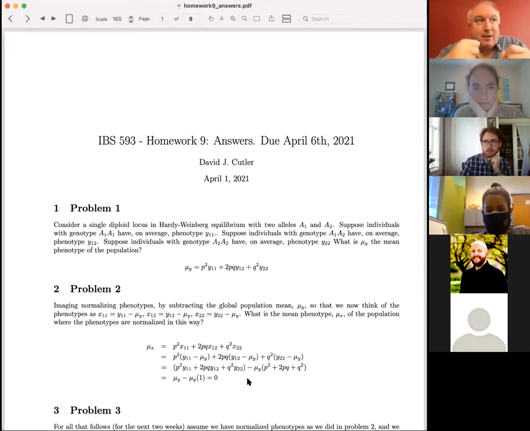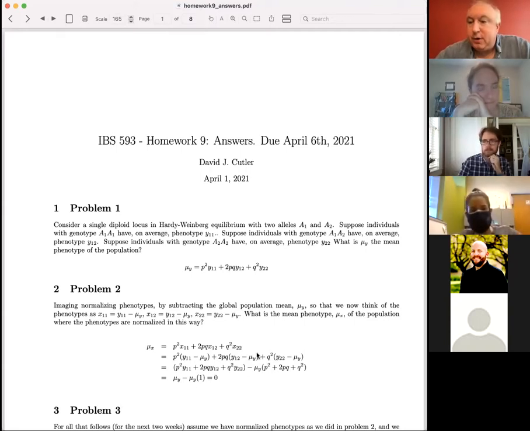Every piece of analysis we do is going to have started with the assumption that the mean was 0. And if we ever use a formula and the mean wasn't 0, you're going to run into trouble if you're not super careful.